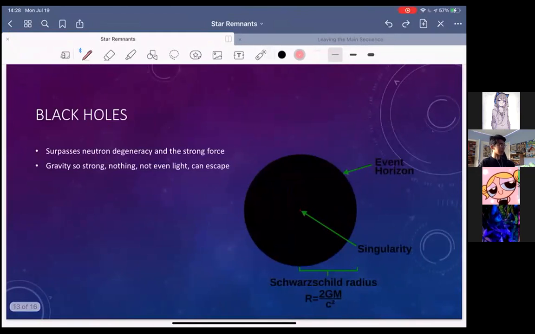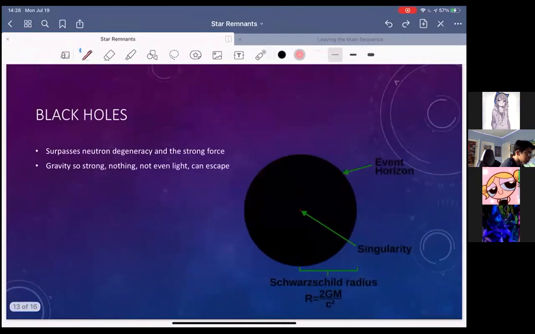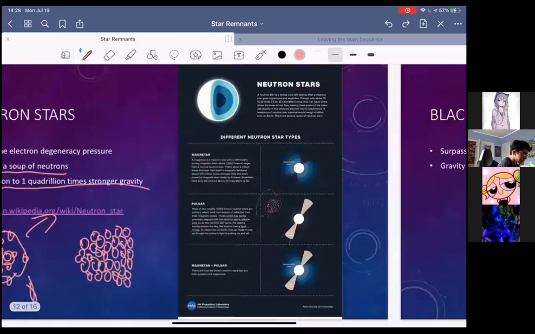And the last thing we have is black holes. Black holes are what happens once you overcome neutron degeneracy pressure.